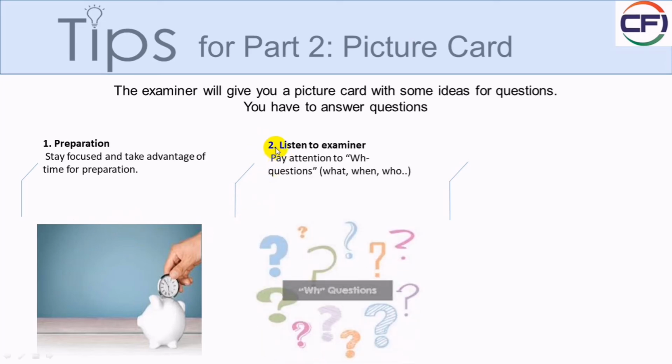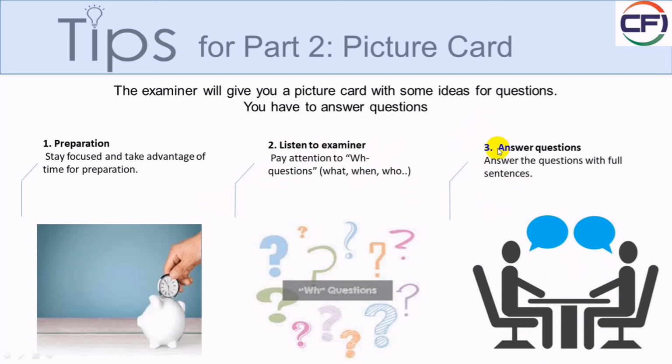Okay, the second tip for this part is listen to the examiner carefully. Try to pay attention to some keywords like the WH questions, the nouns, the names, or some important verbs. And the third tip for this part is try to answer the question with full sentences.